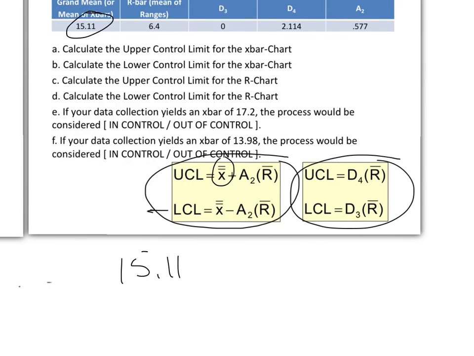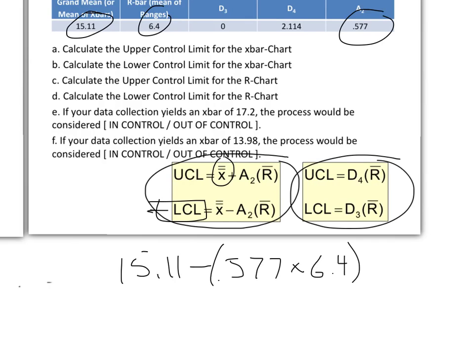And then for the lower, I said we would do the lower control limit first, so let's do that right here: minus A2, 0.577, times our R bar value, 6.4. Close parens.